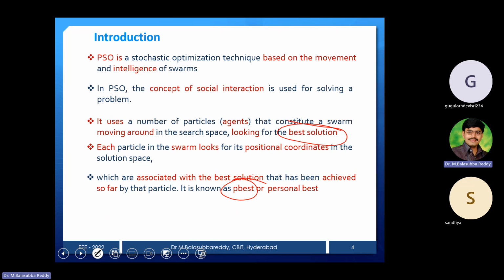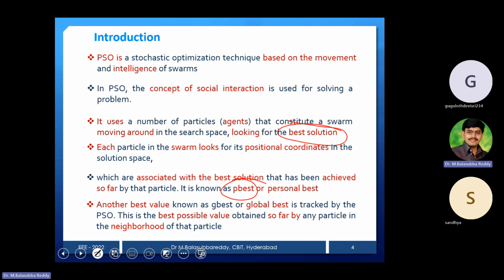Among the class, or among the group of people, whoever has the highest percentage will be considered the global best. That is the small thing we need to remember: the difference between personal best and global best.